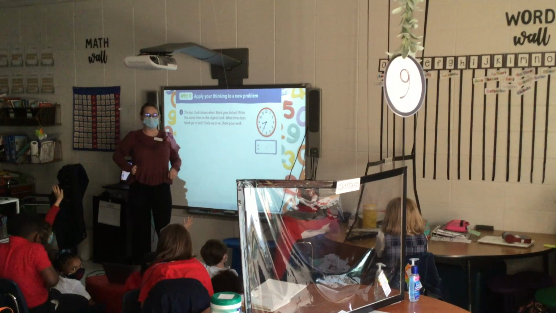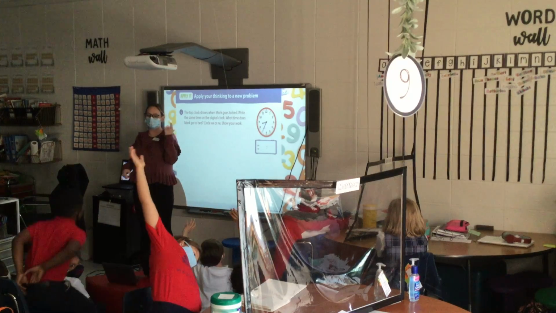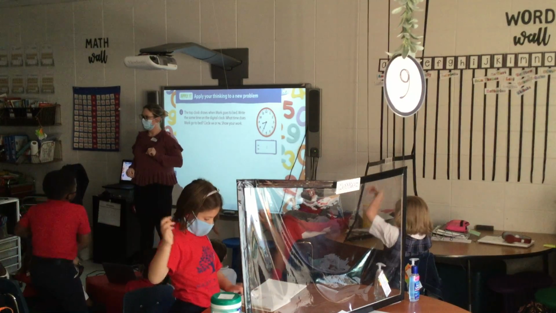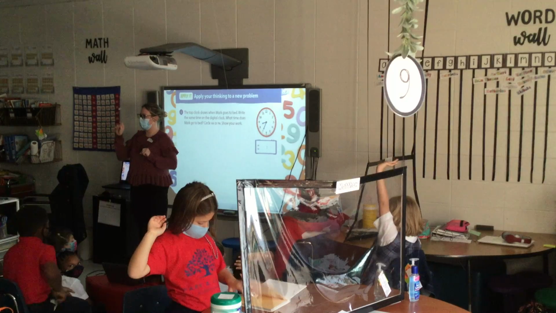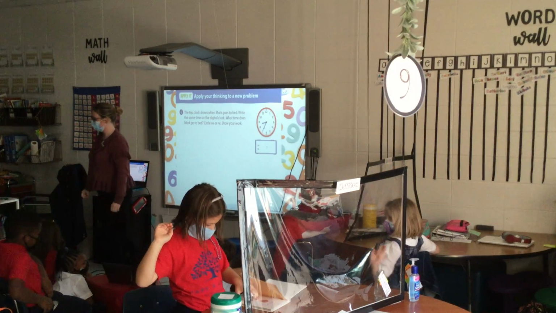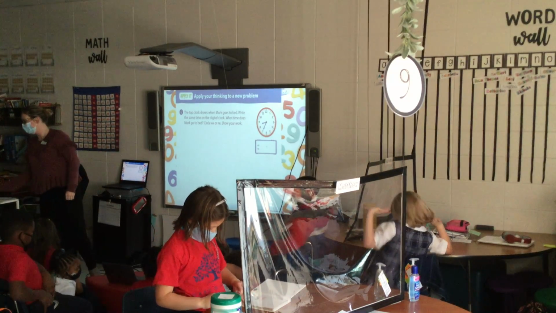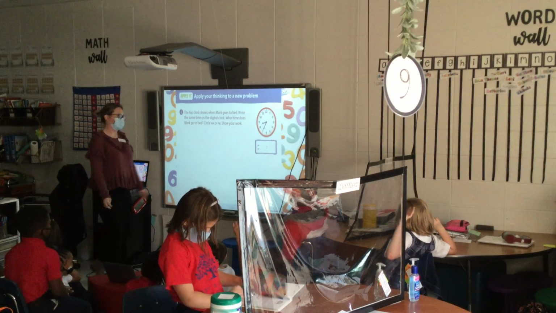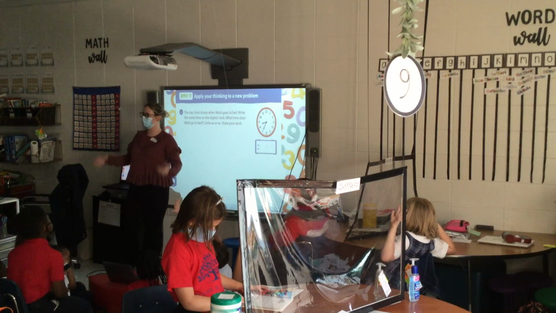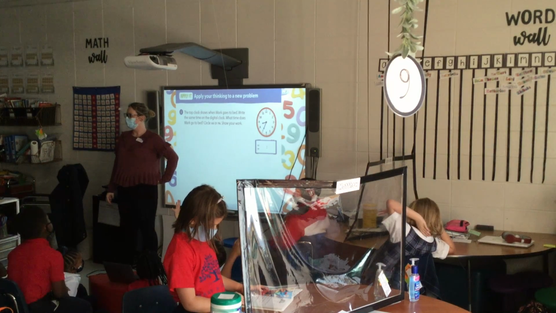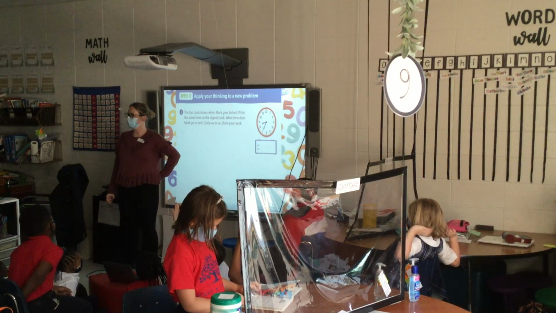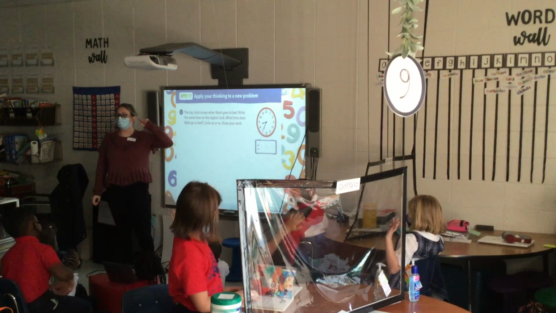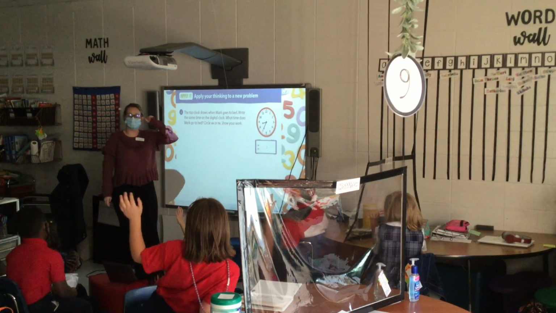So, what important information did we read and do we see? What do we read and see, Mason? What do we see that's important for us to know to help us solve this problem? Let's be looking at our board and listening for when our friends help us out.